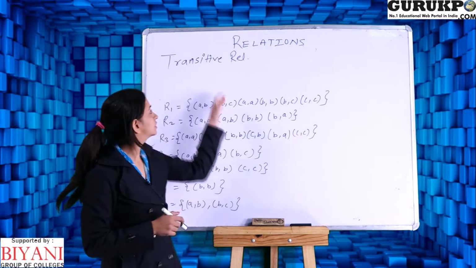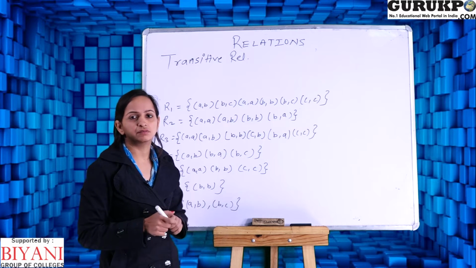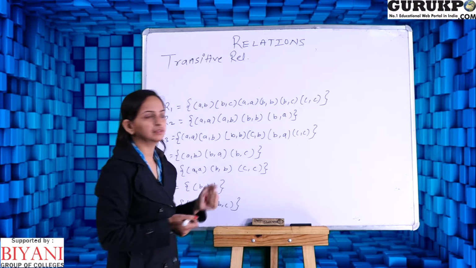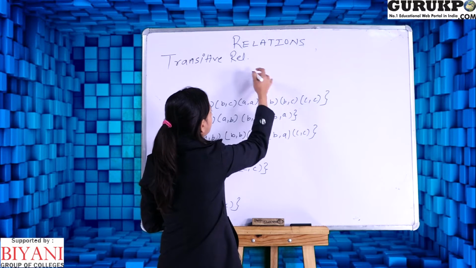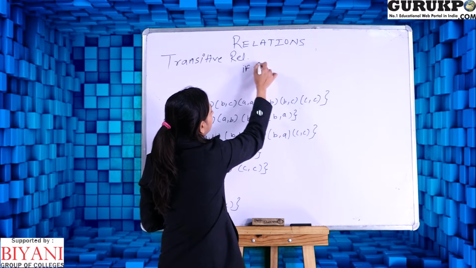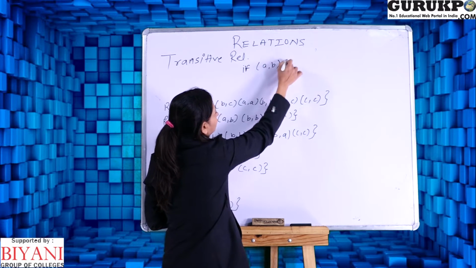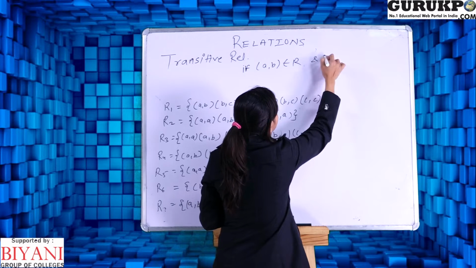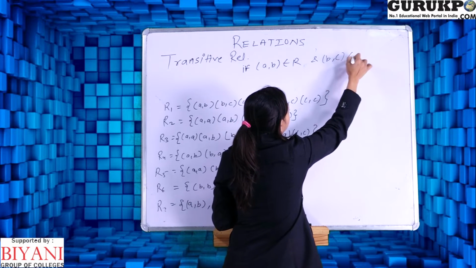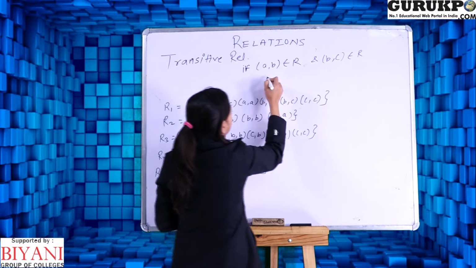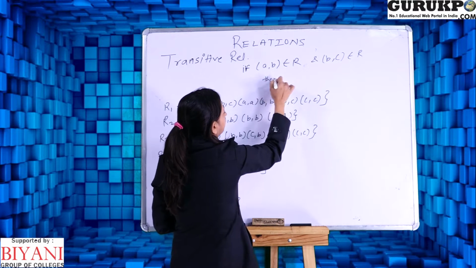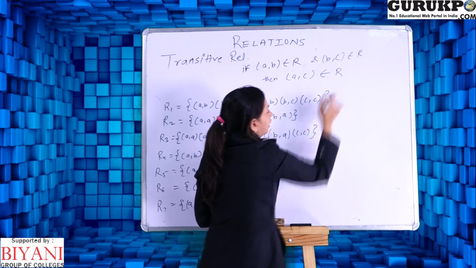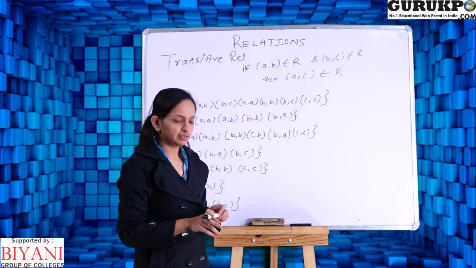And what we are going to study today is called transitive relation. In this type of relation, the condition is if (A, B) belongs to R and (B, C) belongs to R, then (A, C) must belong to R. So I will repeat the condition.